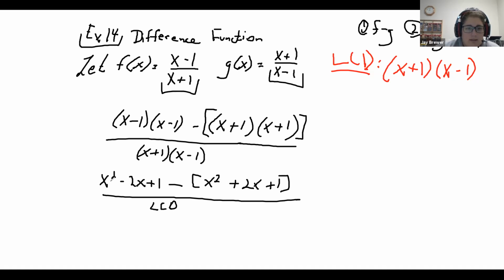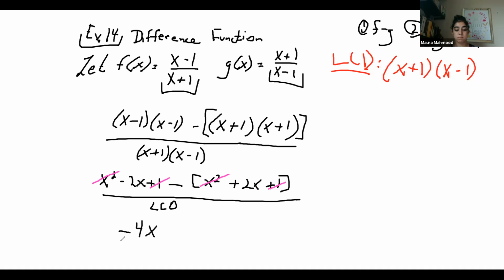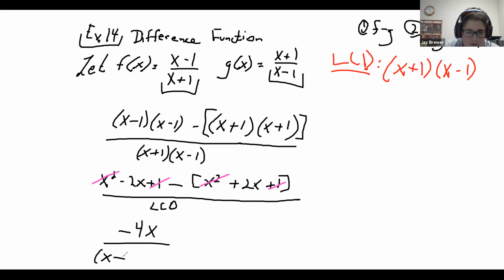Which means we get what? The x squares, they're going to cancel, aren't they? So x squared cancels. 1's cancel. What do we have left? Negative 4x. There you go, negative 4x over our LCD, x plus 1, x minus 1. Okay, are we done?